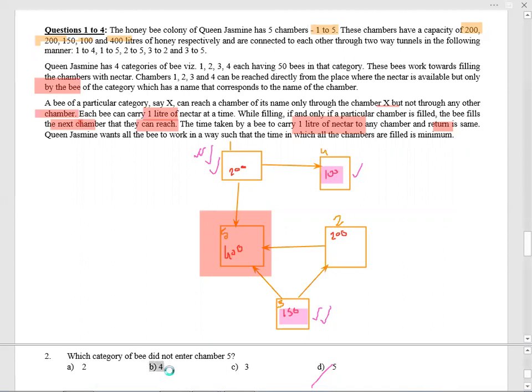Option B. No connection between 4 and 5. Next problem.